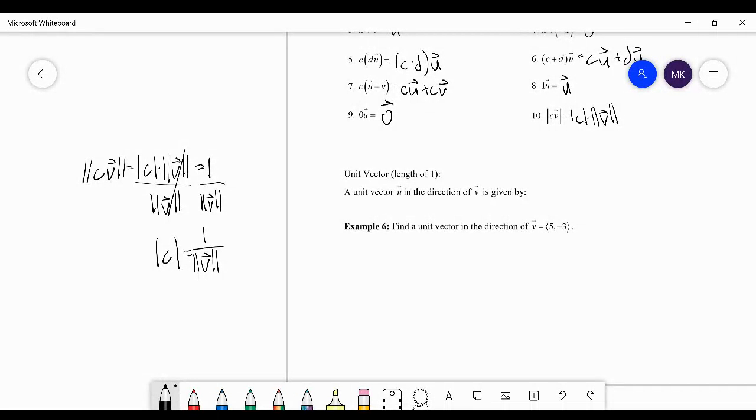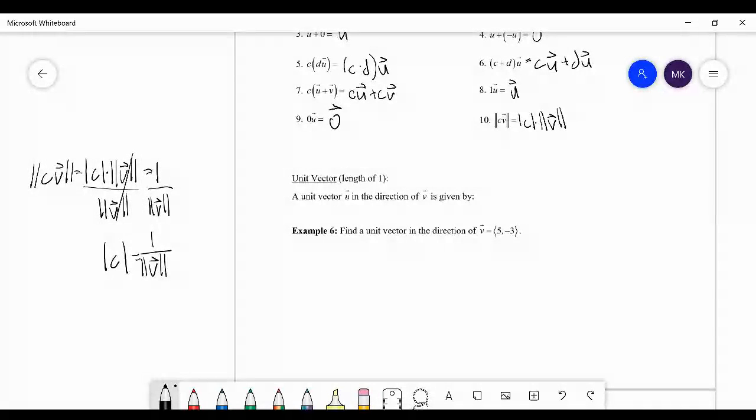Now, this means that it could either be positive 1 over the magnitude of v or negative 1 over the magnitude of v. But we want it to be in the same direction, so we want to use the positive. So that means u, the unit vector, is just equal to 1 divided by the magnitude of the vector v times the vector v.